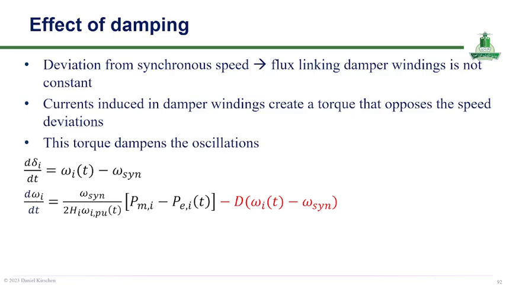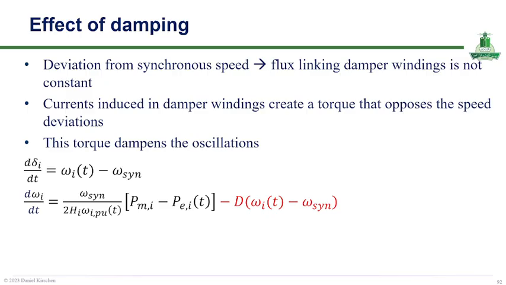Okay, this slide explains the effect of damping on the transient stability of synchronous generators. When the rotor speed deviates from synchronous speed, the magnetic flux linking the damper windings is no longer constant. As a result, currents are induced in the damper windings, producing a damping torque that opposes the rotor speed deviations.